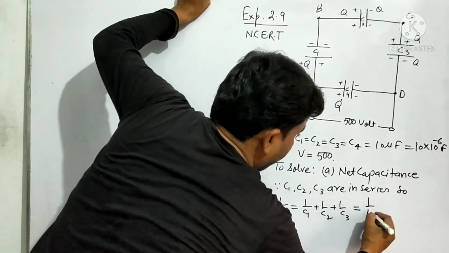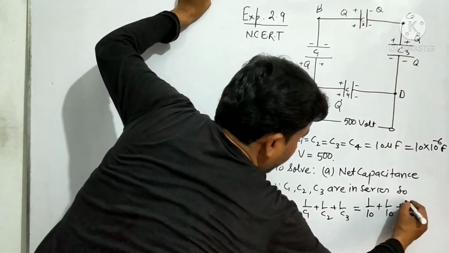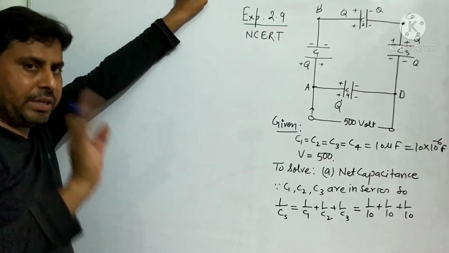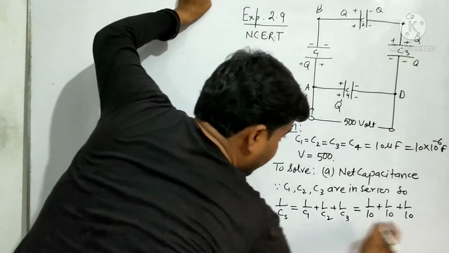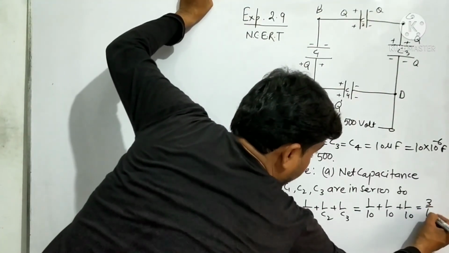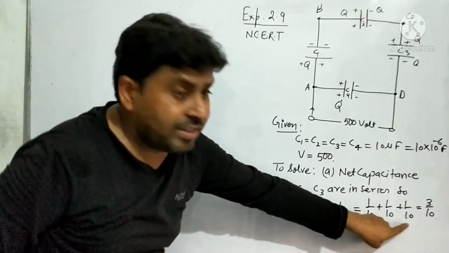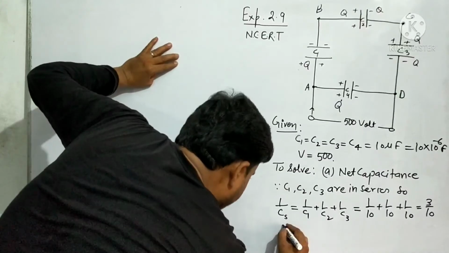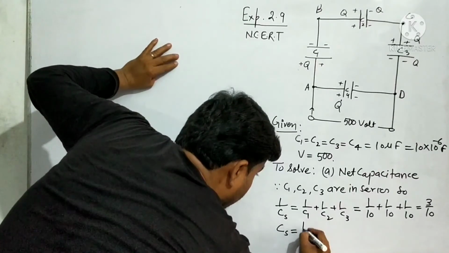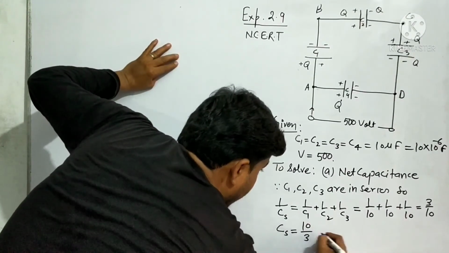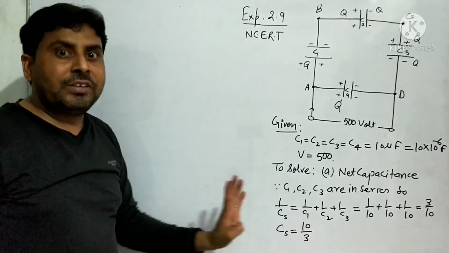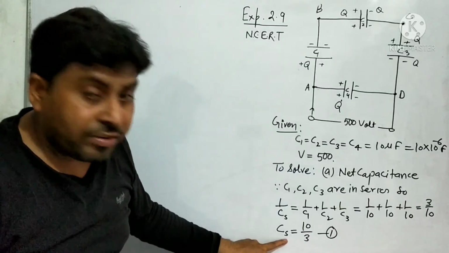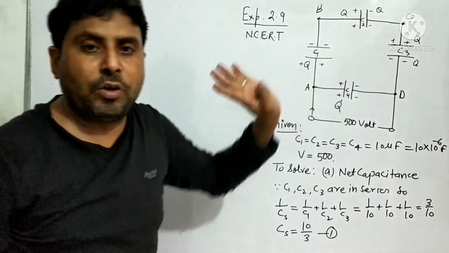Equal to 1 upon 10 plus 1 upon 10 plus 1 upon 10. I am writing here in microfarad, no need to multiply by that. Then it will be combined 3 upon 10. 10 is the LCM, 1 plus 1 plus 1, 3. So Cs equals 10 over 3. Equation number 1. This is the net capacitance of 1, 2 and 3 only.